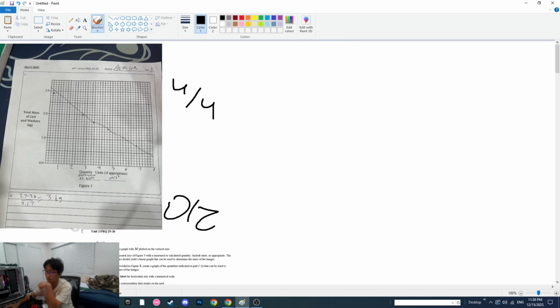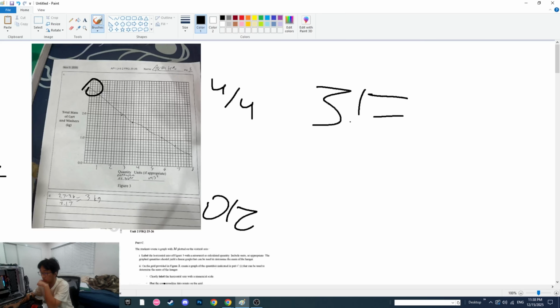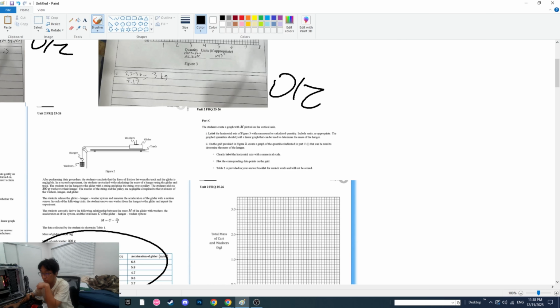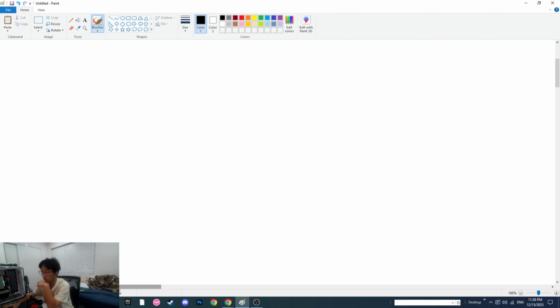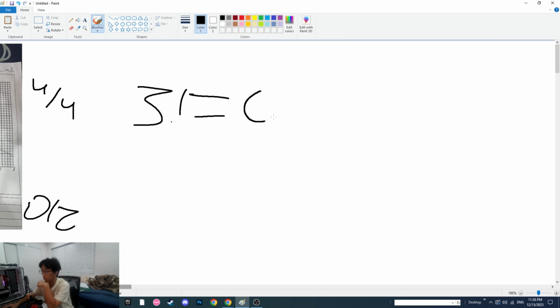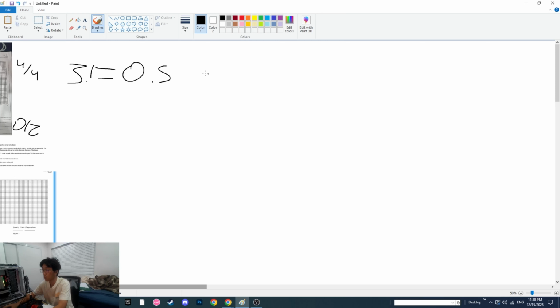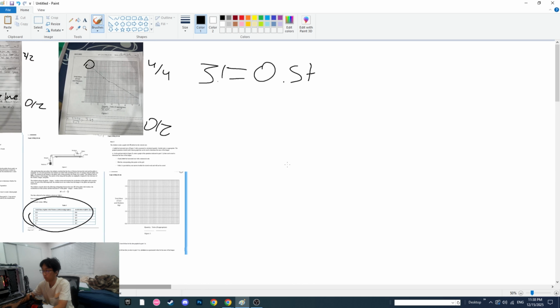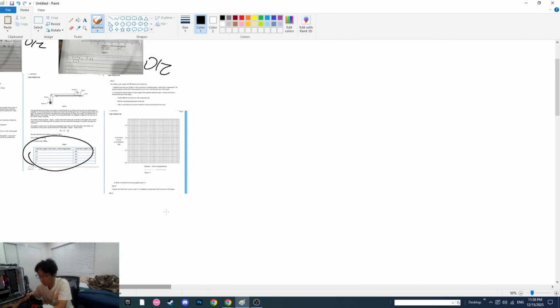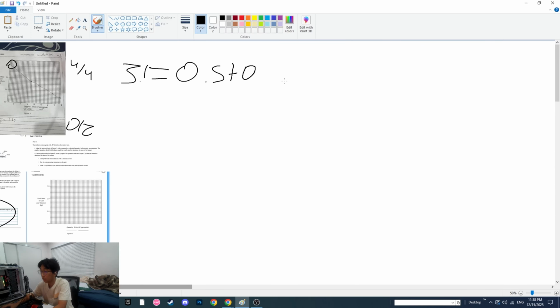So the mass of everything based off of this is 3.1 equals the mass of the glider, which is 0.5, plus mass of each of the washers, which is just 6 of them, and each of them weigh 0.3.